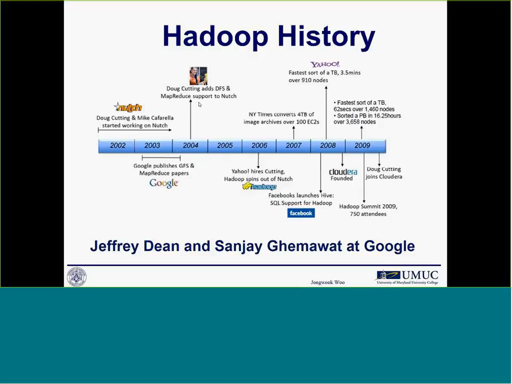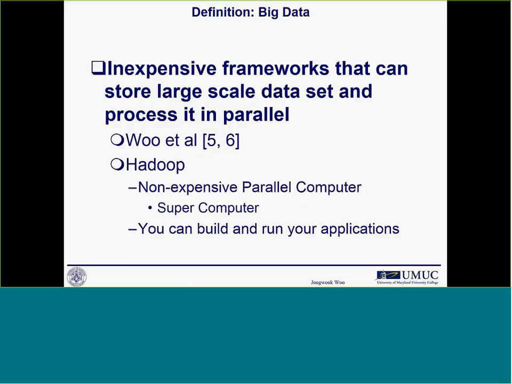So that should be another good project if you go over tutorial 4 and assignment 4. So anyhow, let's go back to big data. We can define big data as a framework or system. Okay? So big data is an inexpensive framework that can store large-scale data sets and process them in parallel.